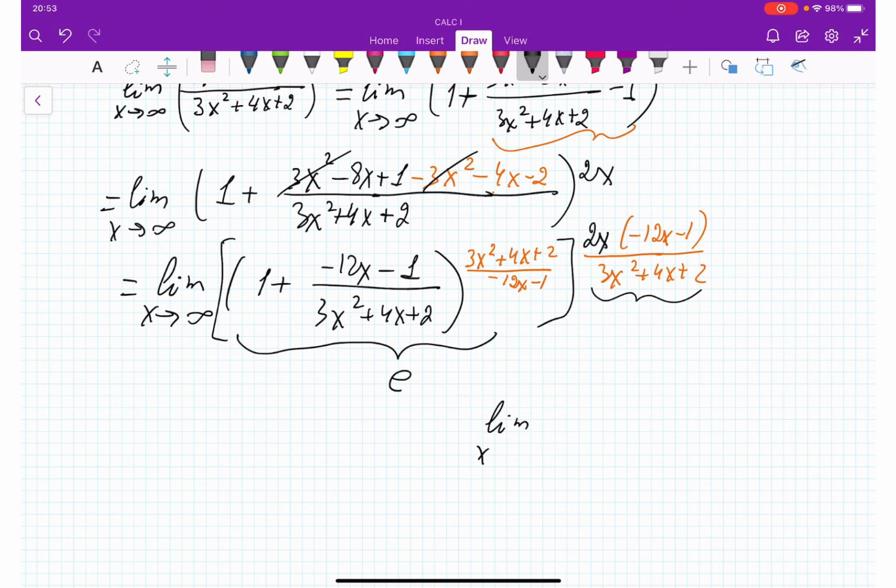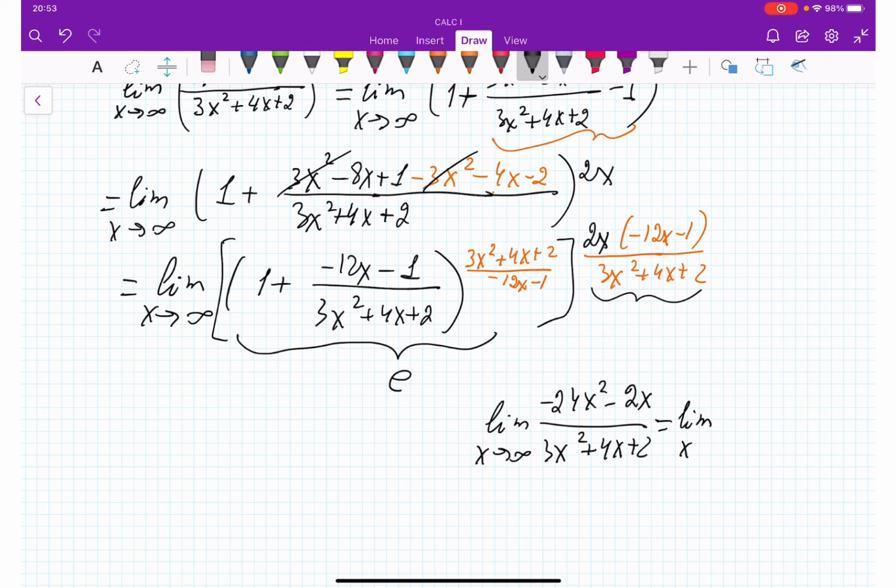Limit as x approaches infinity, (negative 24x squared minus 2x) over (3x squared plus 4x plus 2). So let's do it.